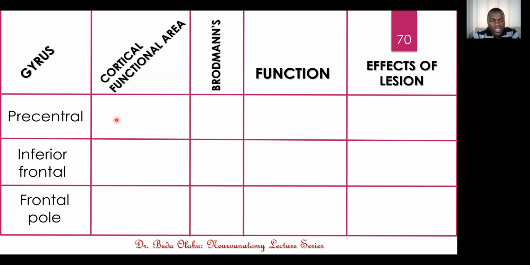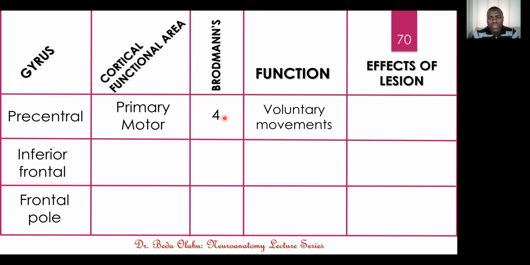Now, for Pre-Central Gyrus, the cortex that is housed by the Pre-Central Gyrus is known as the primary motor cortex. The primary motor cortex is area number 4 of the cerebral cortex. The role of this region is to initiate voluntary movements.